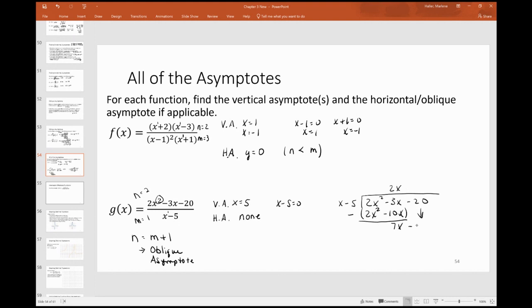And let's bring down that negative 20. x goes into there 7 times. Okay, we have a remainder, but we don't care about that. There's our oblique asymptote. Our oblique or slant asymptote is y equals 2x plus 7. Okay.